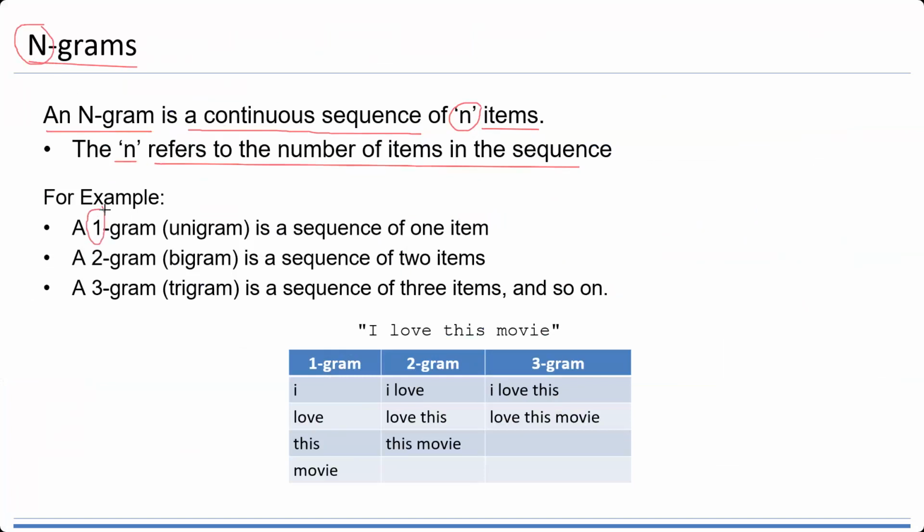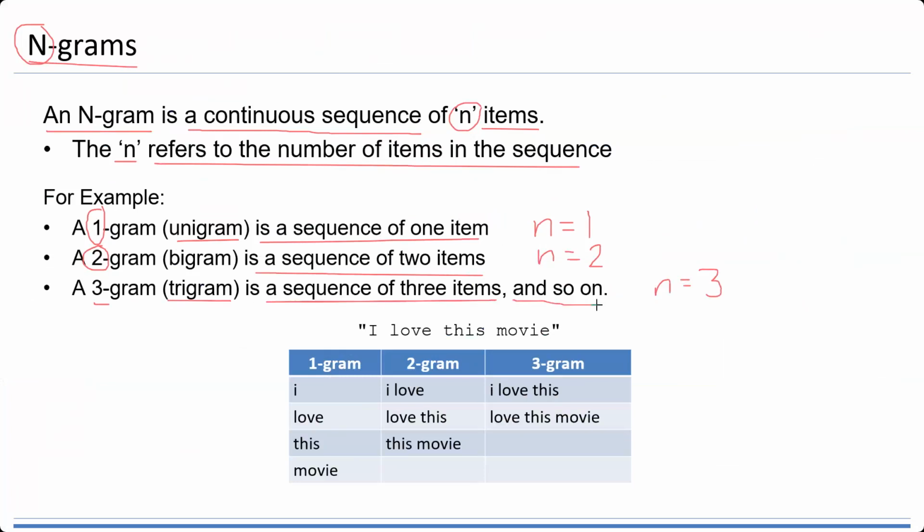If it is 1-gram, then it means the unigram. Unigram is a sequence of one item. If n equals 2, it is bigram, a sequence of two items. If n equals 3, then it is a trigram, a sequence of three items.